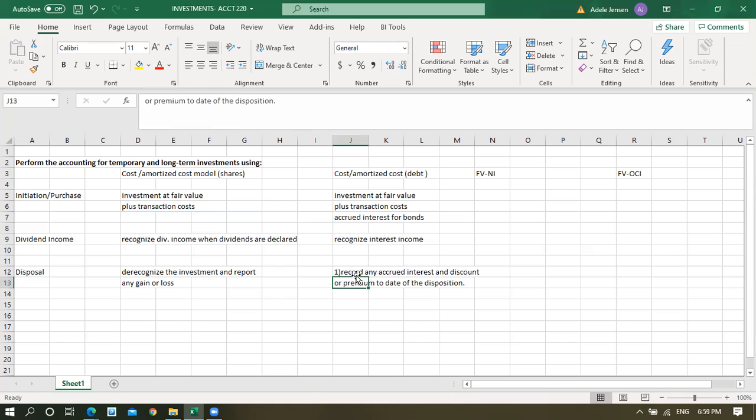Well, then we would have those 2 months of accrued interest that we would need to record to bring that debt instrument to its accurate amortized cost. And then, or sorry, the discount or premium will bring it to the actual amortized cost. Okay, so that summarizes things there. Now let's look at a quick example.